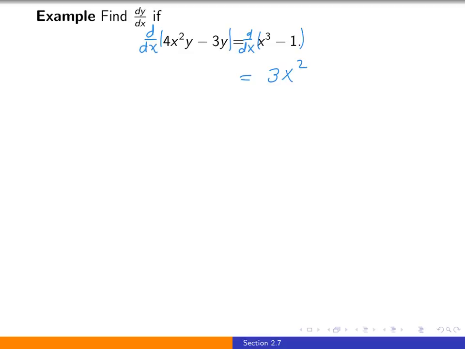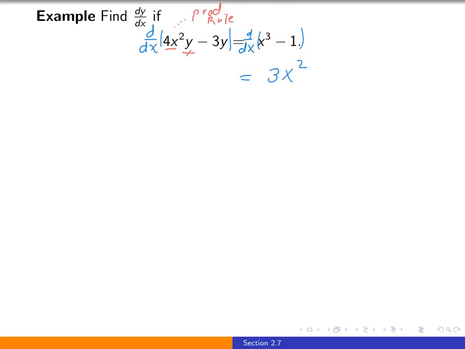On the left-hand side, in the first term, we have one function, 4x squared, multiplied by another function, y. So to differentiate that first term, we must use the product rule.